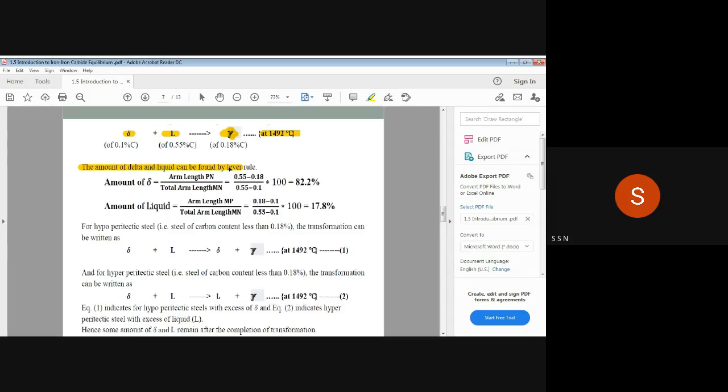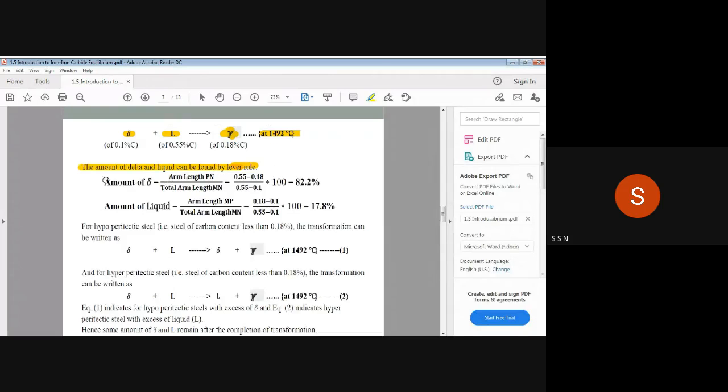That can be found by one rule called the lever rule. We saw this lever rule earlier. I have already explained these things yesterday also. Today also we are revising this, because in the other transformations we will see later, you can easily understand by comparison. So that's why once again we are revising this.